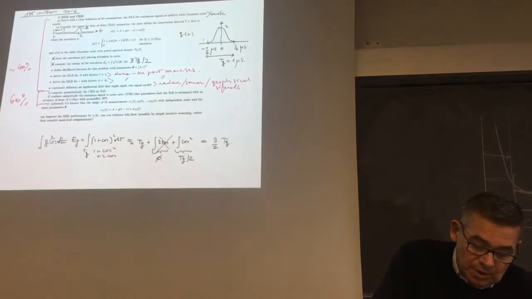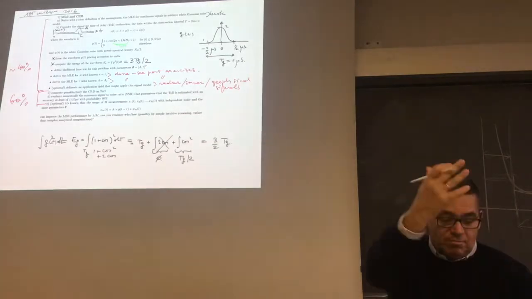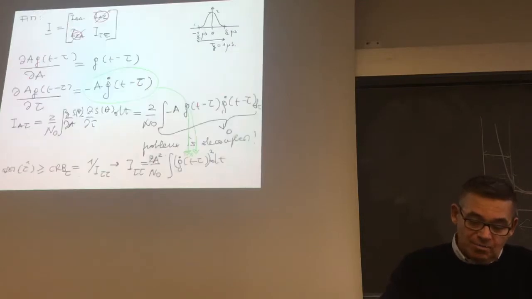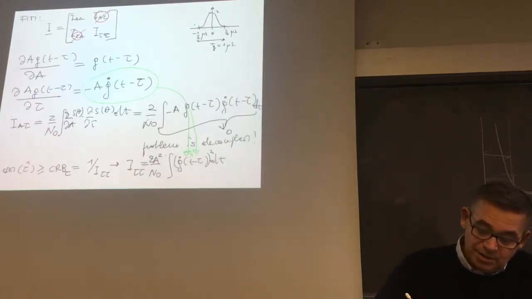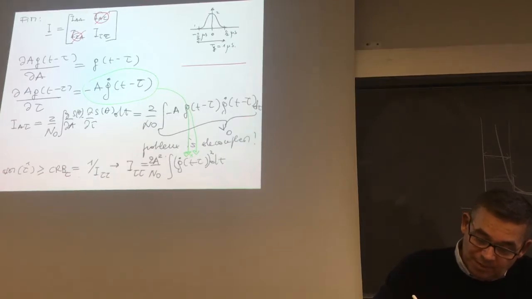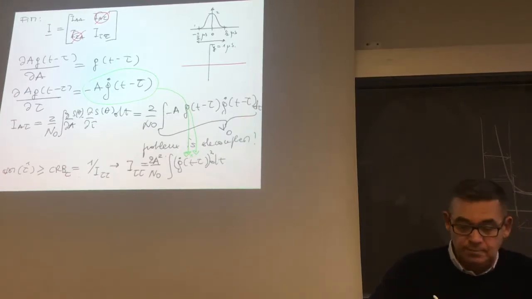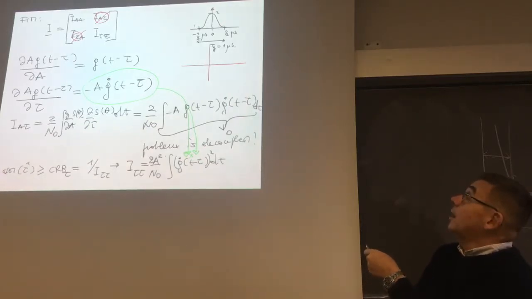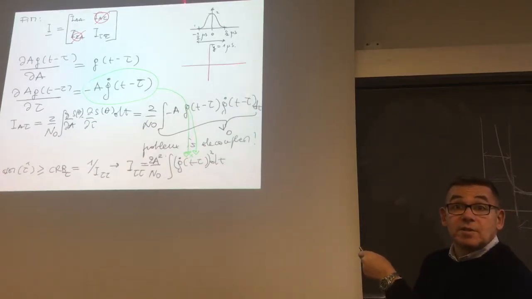Let me call this one omega 0, just to give a label. If I don't want to compute the derivative by formula, I can compute it graphically. Here the waveform is going up, so the derivative is positive.